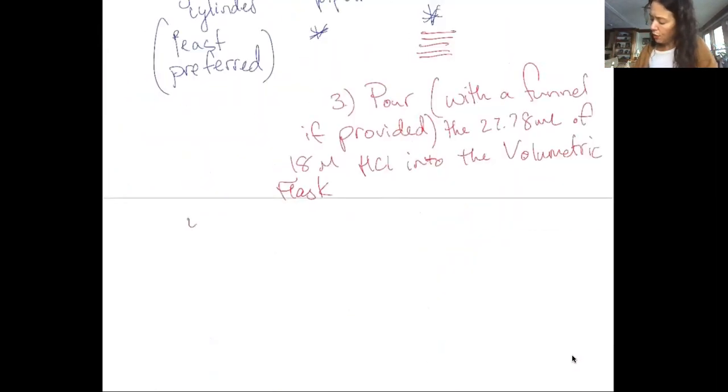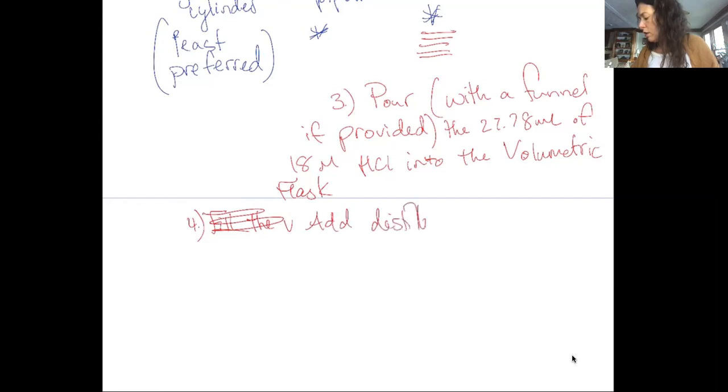Now, the next step, and this is so important that you say this the correct way. Fill the volumetric flask: add distilled water to the volumetric flask until you get close to the line.